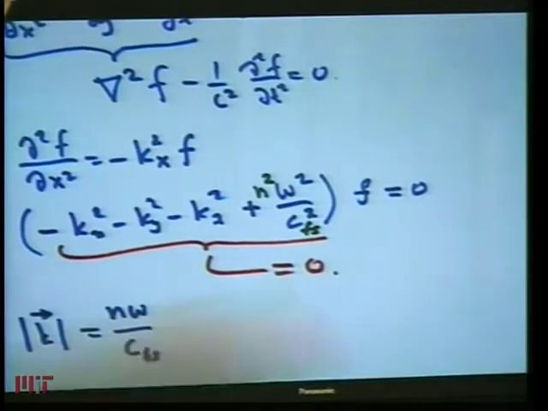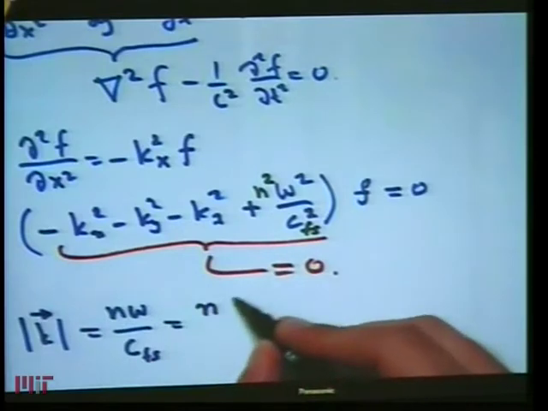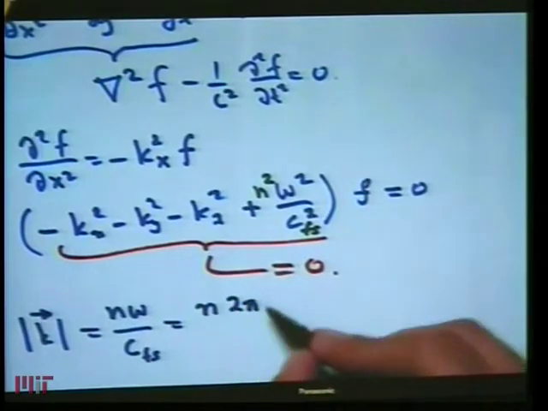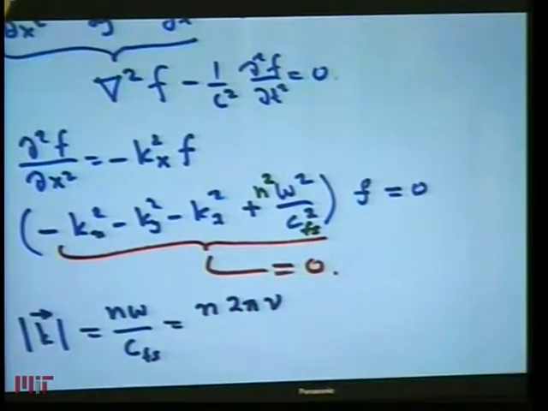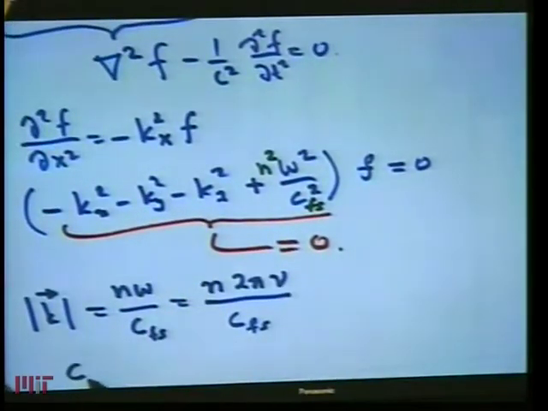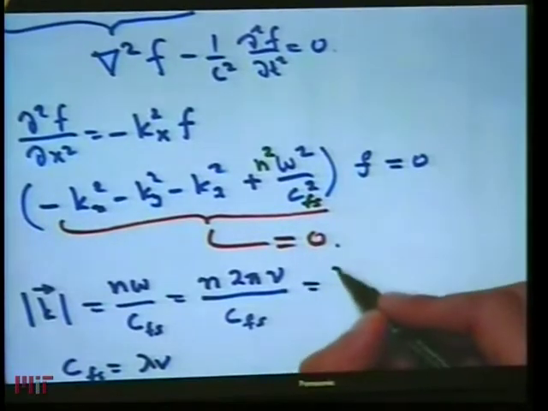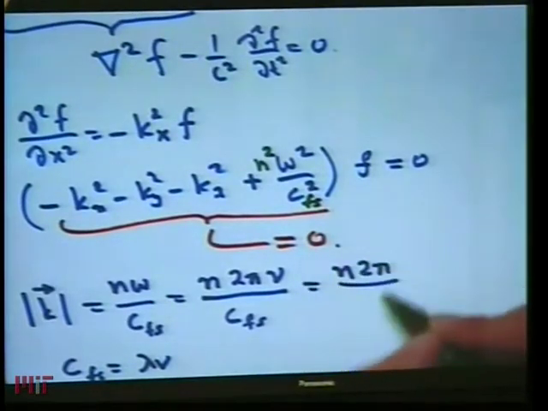Okay, and now it is a matter of preference how you want to do it. For example, you can write omega as 2 pi times nu, where nu is the frequency. Remember, omega is the angular frequency, over c free space. Then you can use the dispersion relation, which says that c free space equals lambda nu. So nu will cancel, and you end up with n times 2 pi over lambda free space.